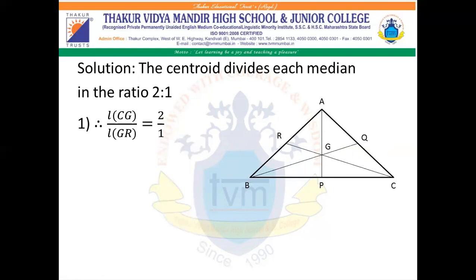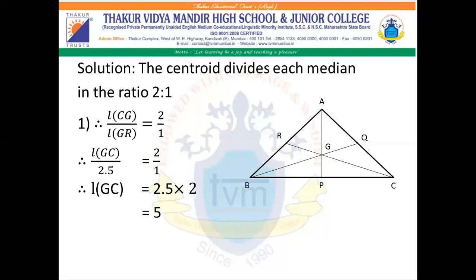First question, therefore, length CG upon length GR is equal to 2/1. Therefore, length GC upon 2.5 is equal to 2/1. Do cross multiplication. Therefore, GC is equal to 2.5 into 2, that is equal to 5.